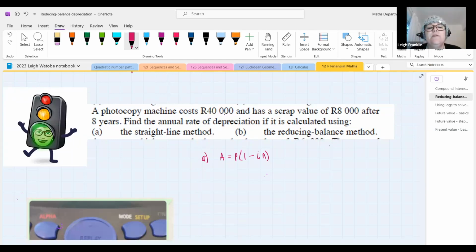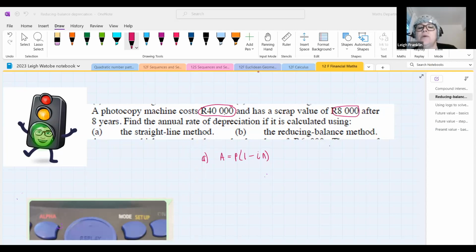So we've got 40,000 Rand here. We've got 8,000 over here. What's the P? What's the A? That's right. Okay, well done, Mamelo and Ayanda.